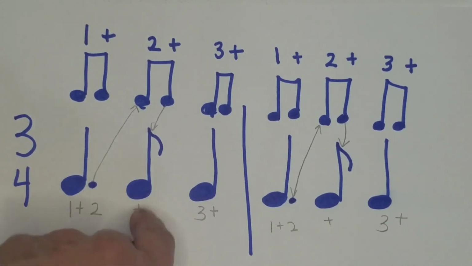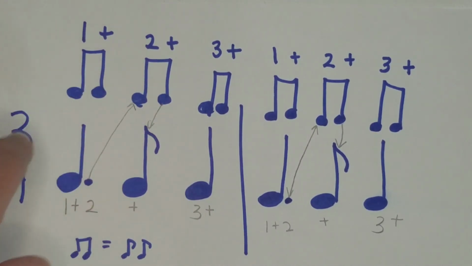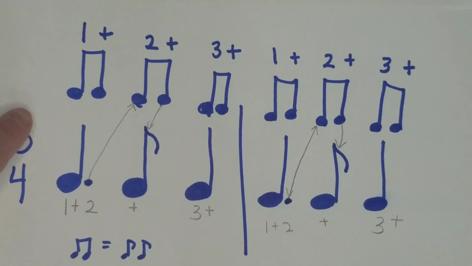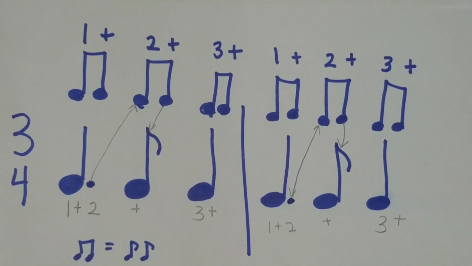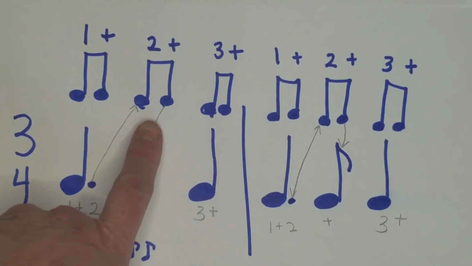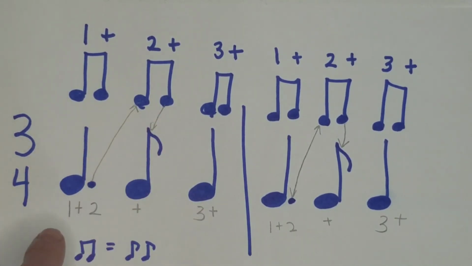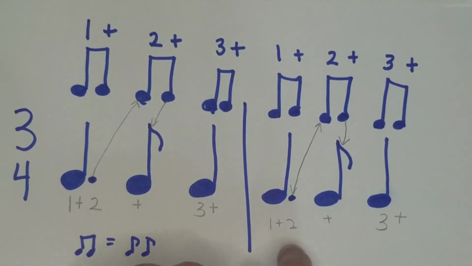So whenever you see eighth notes, we're going to count 1 and 2 and 3 and, and sometimes if it's 4 time signature, 4 over 4, it would be 1 and 2 and 3 and 4 and. But we have to always count with ands when we have the dot because we're dividing our quarters in half up here. 1 and 2 and 3 and 1 and 2 and 3.